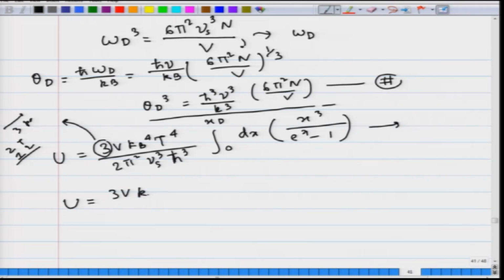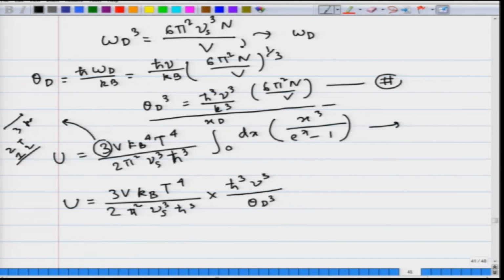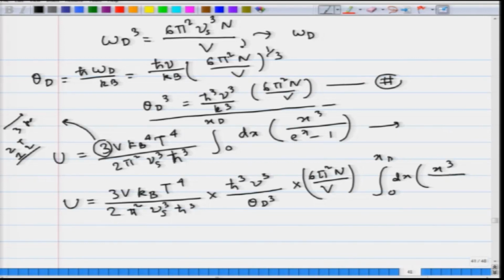I am trying to write this as kb T to the power 4, just watch it closely. It becomes 2 pi square Vs cube h cut cube into h cut cube mu cube by theta d cube into 6 pi square n by v, with the integrand e to the power x minus 1.